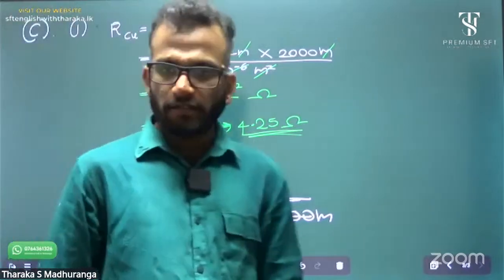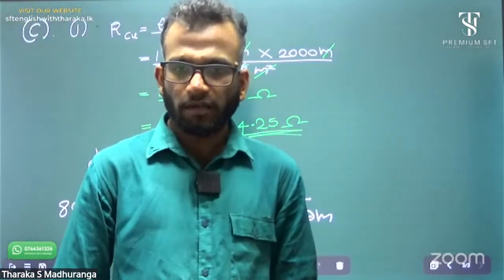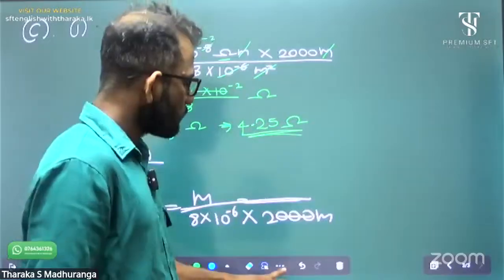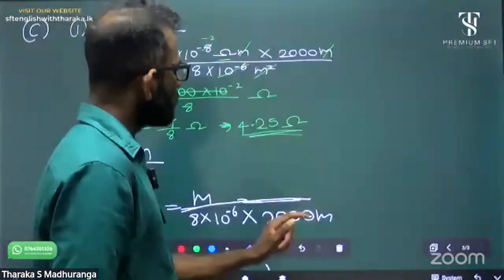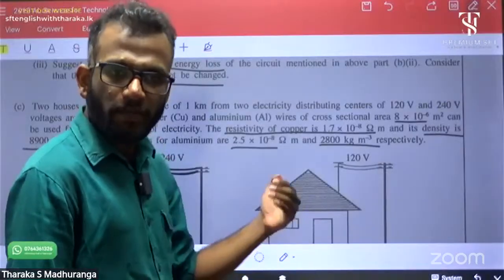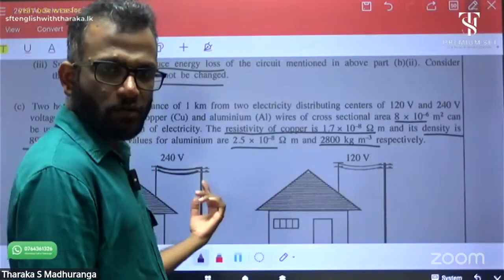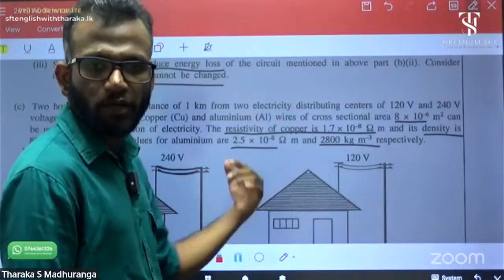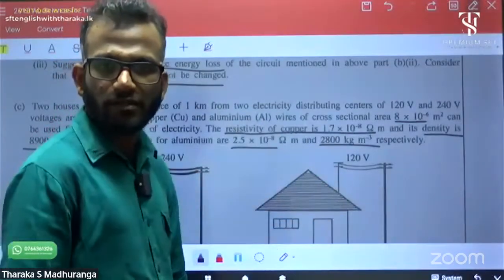The distance is 1 kilometer, and according to the figure it has 2 wires. 1 kilometer means 1000 meters, so 2 kilometers means 2000 meters.